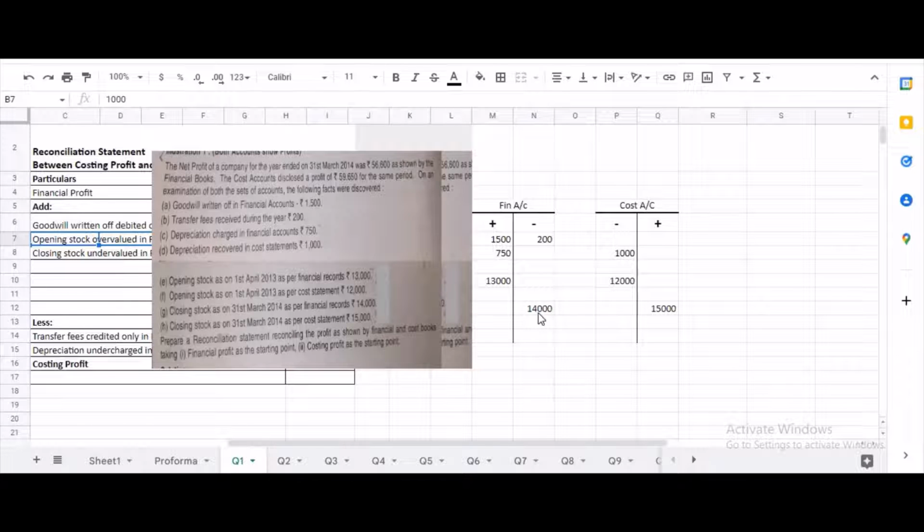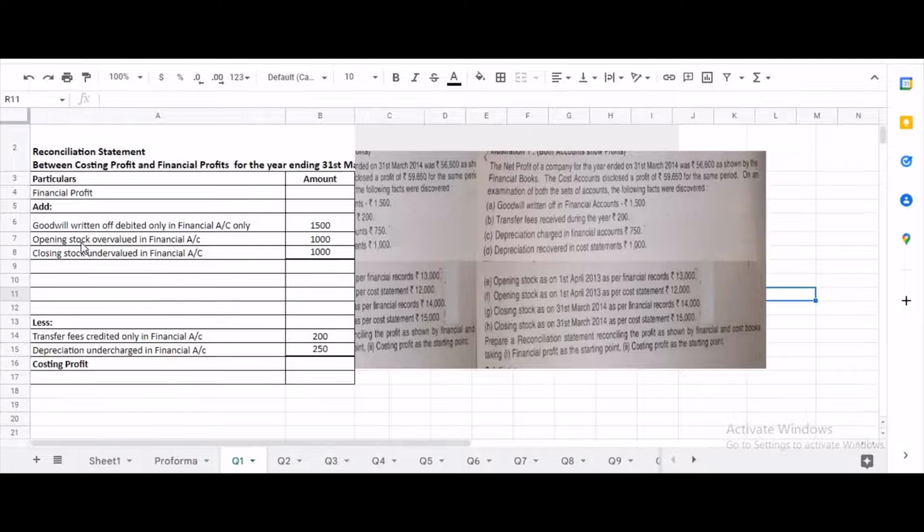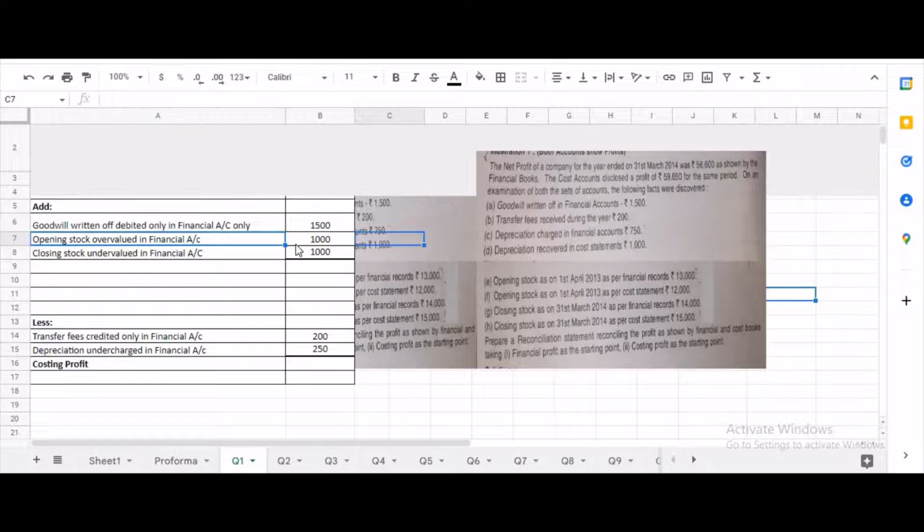The closing stock would come on the credit side: 14,000 and 15,000. When we minus it, the 1,000 would be added in cost accounting.